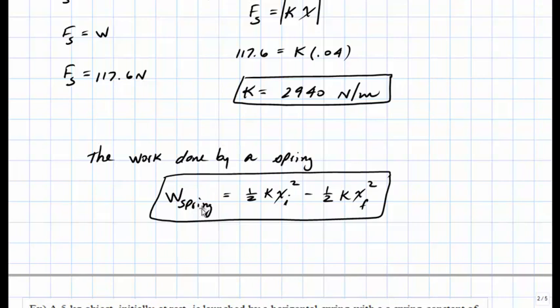Now, according to the work done by a spring equation that we're looking at right here, if we allow the spring to do work on the block until the spring reaches its point of equilibrium, x final under these circumstances equals 0, and therefore the work done by the spring will simply equal 1/2 k x initial squared. Therefore, 1/2 k x initial squared represents the potential energy that is contained within the spring.